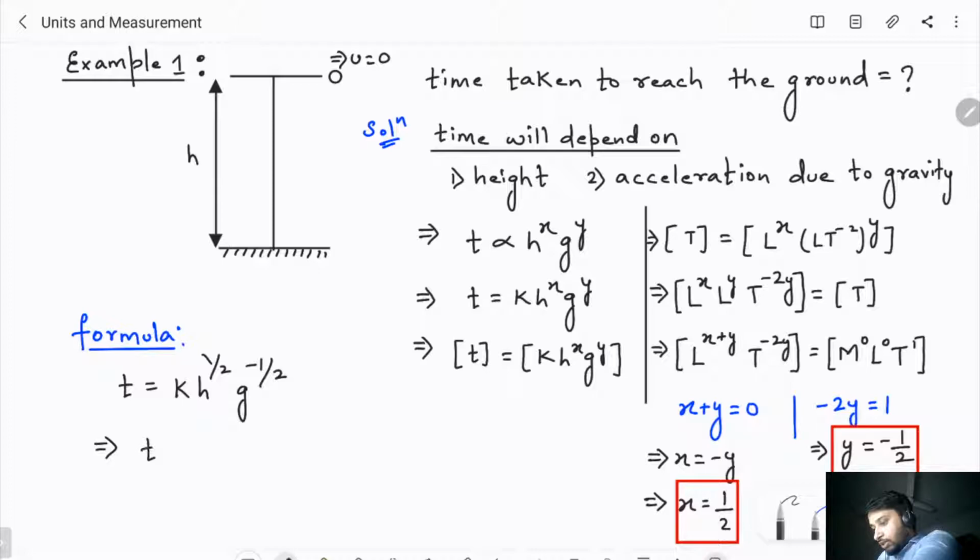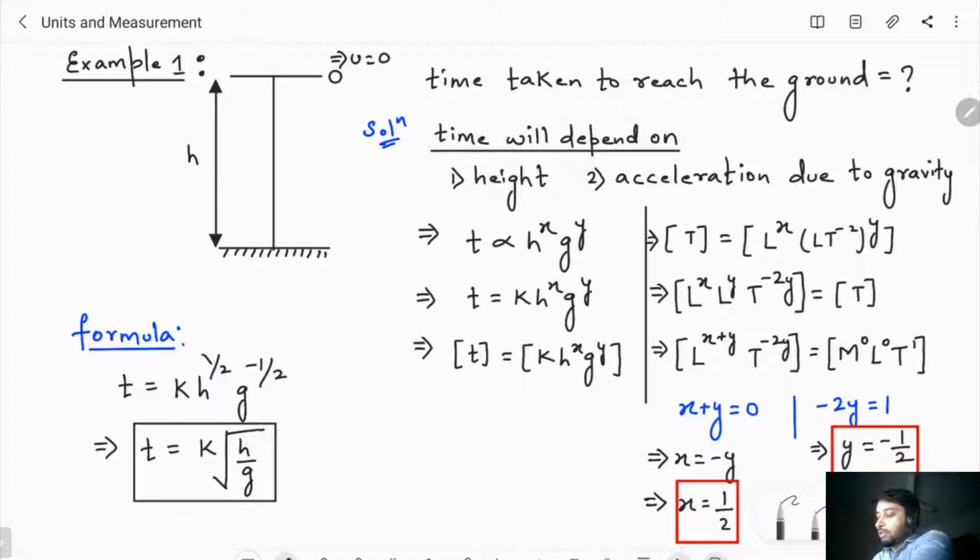So that basically becomes k into under root h by g. Okay, here g will come to the denominator, so that can be written as under root h by g. So this is the formula that we can derive with the help of dimensional analysis.